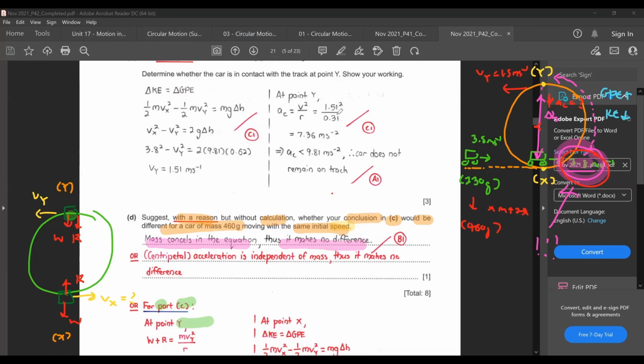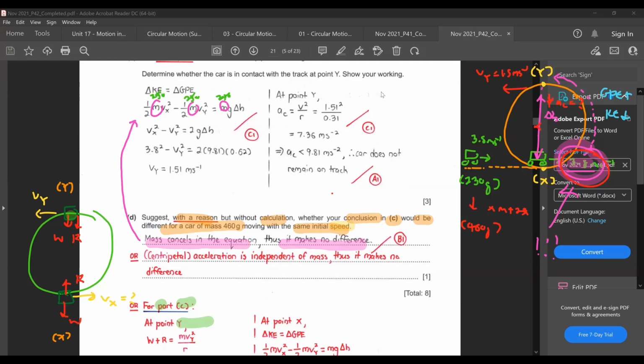Now, when do we see the mass cancelling off in the equation? It actually came from here. If you use the first method, you will notice that these mass terms actually cancel off. So if originally you are using 230, they all completely cancel.